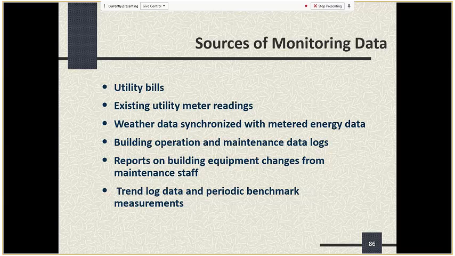You could look at whoever keeps track of building equipment changes, what has happened in the building that has altered the configuration of equipment, whether there's been a failure or a repair or something else. And you can look at trend log data that's coming off the energy management system, that BAS trend data, and see what it's telling you about what's going on with your energy-using systems. Go to slide 87.